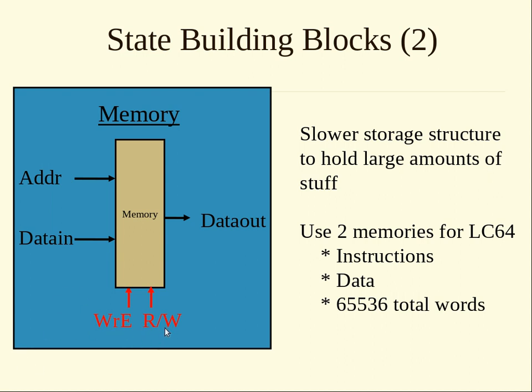Well, you have read or write bits if you're reading or writing, and you have a write enable bit in case you're doing anything. Note that if write enable is off and you have the write flag, then the memory doesn't do anything. That's just a don't-do-anything state, because if you disable writing and then you tell it to write, then it shouldn't do a thing. Hopefully I said that correctly.